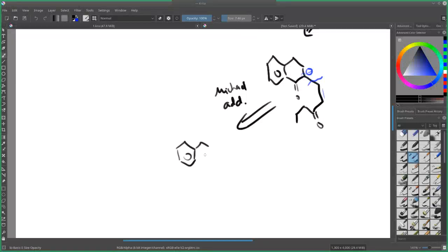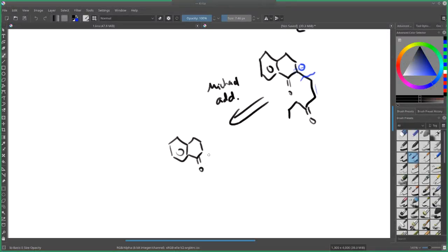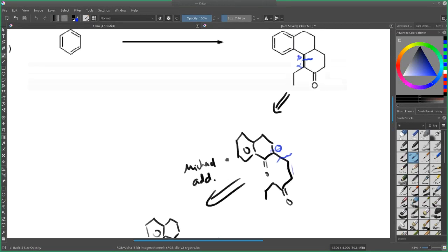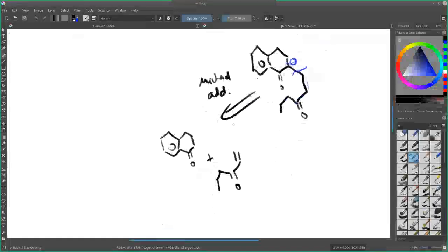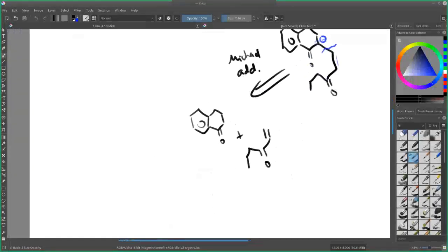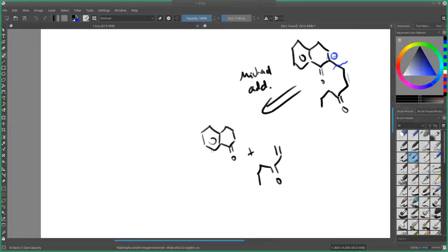So what we started with looked something like this, plus this conjugated system, right? Yeah, so it looks something like that. Okay, and now the question is, how do we make this thing?